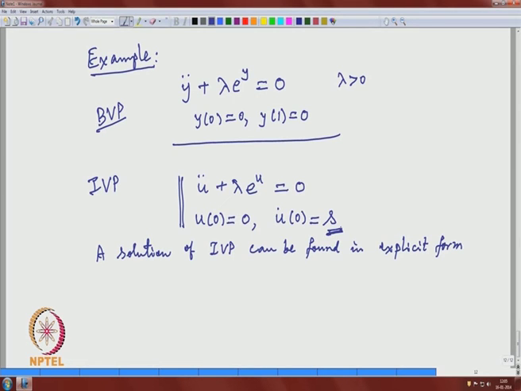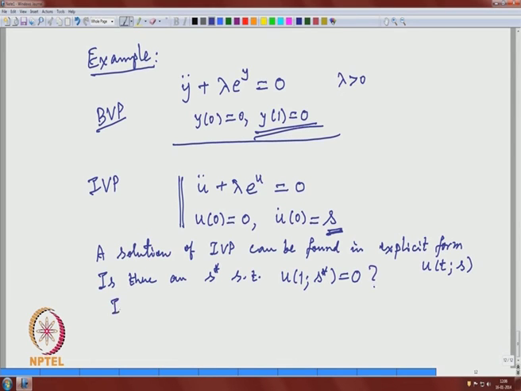So, the next question: you call this solution u(t, s). Is there an s star such that u(1, s star) is 0, because that is the condition we want at t equal to 1? Okay. So, that is the question.